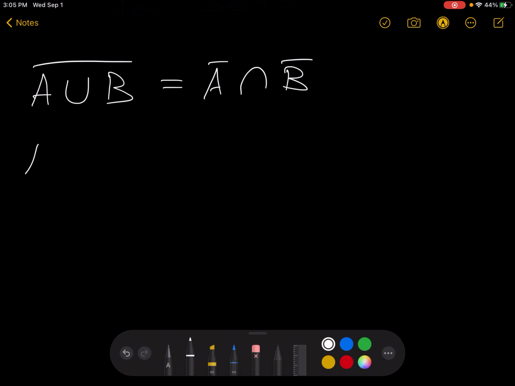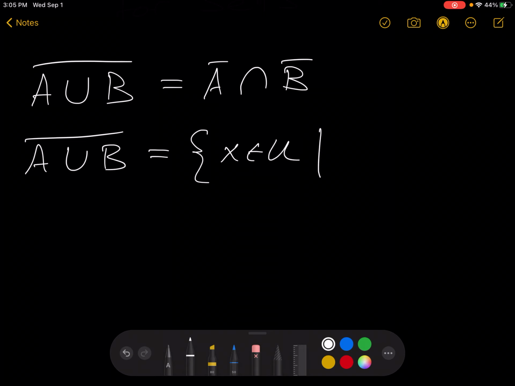Okay, so A union B complement. Just break this down. This is the set of all x in U such that x is not in A union B. Now, what does it mean for x to not be in A union B?